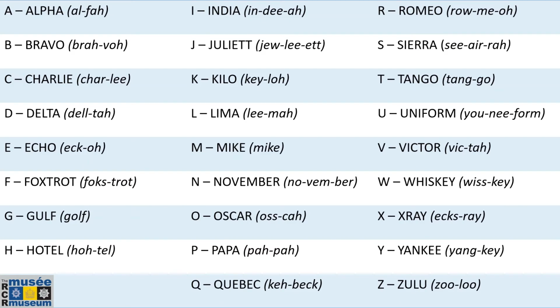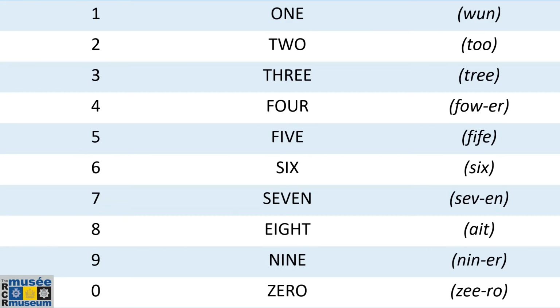Alpha, Bravo, Charlie, Delta, Echo, Foxtrot, Golf, Hotel, India, Juliet, Kilo, Lima, Mike, November, Oscar, Papa, Quebec, Romeo, Sierra, Tango, Uniform, Victor, Whiskey, X-ray, Yankee, Zulu. 1, 2, 3, 4, 5, 6, 7, 8, 9, 0.